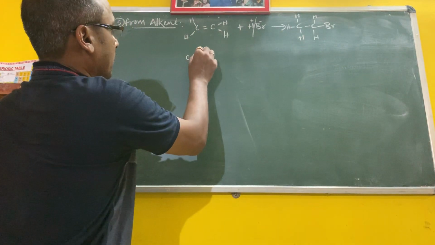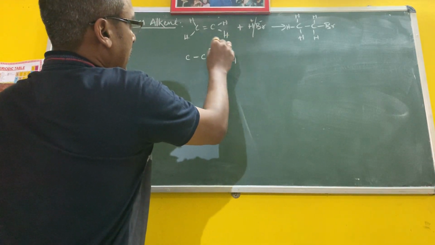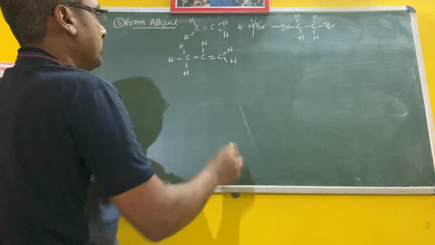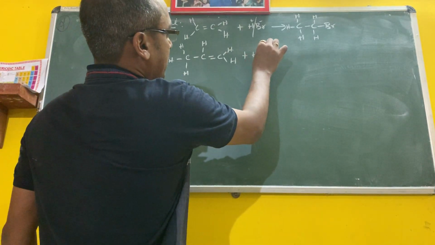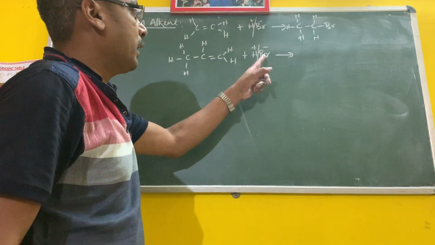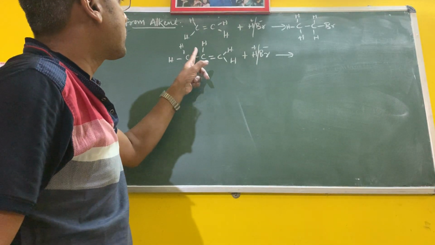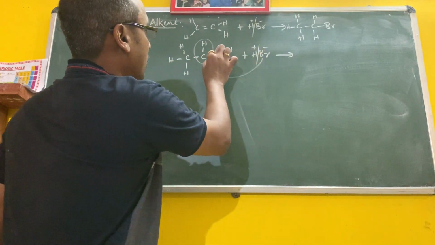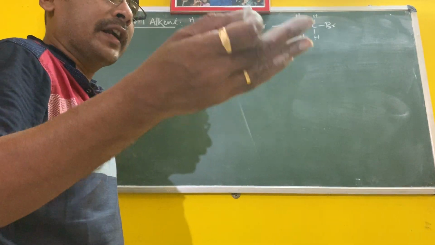If it is unsymmetrical, with a double bond on one side, and reacts with HBr, then the negative addendum goes to that doubly bonded carbon atom which contains the lesser number of hydrogen atoms.